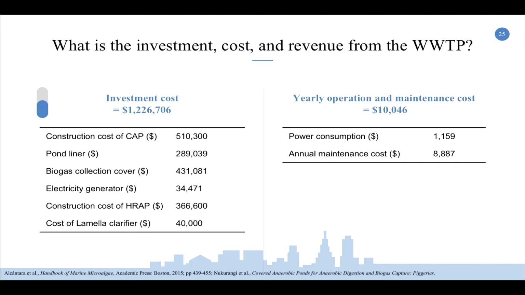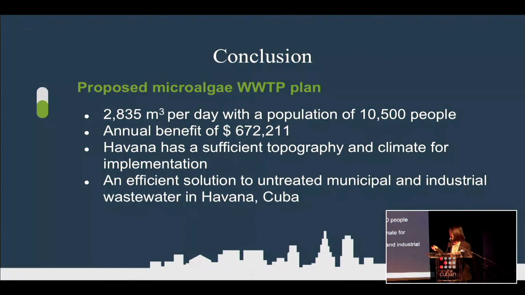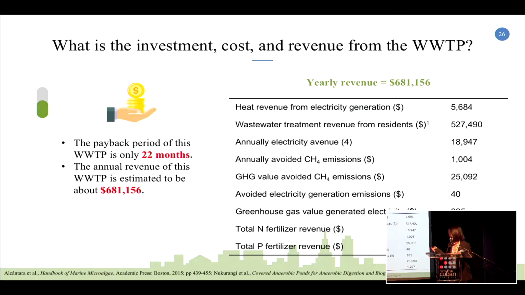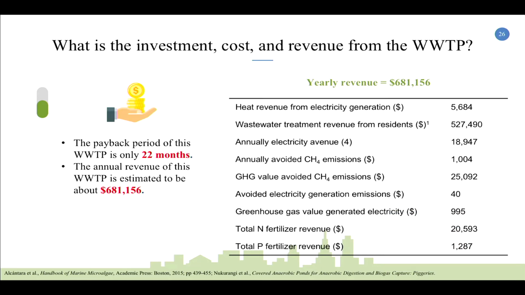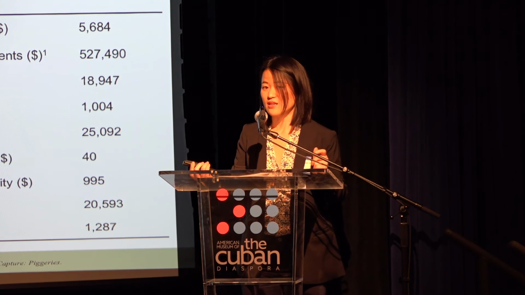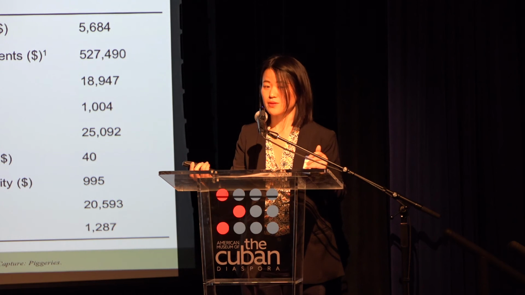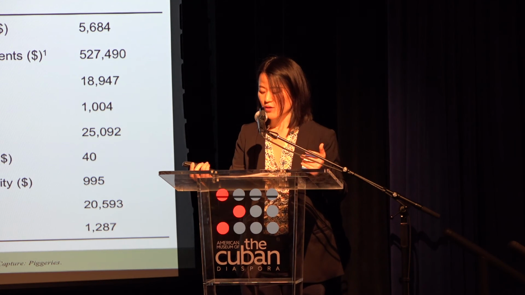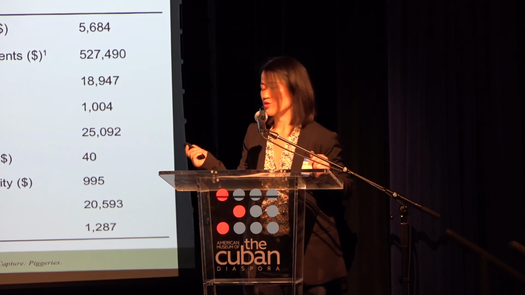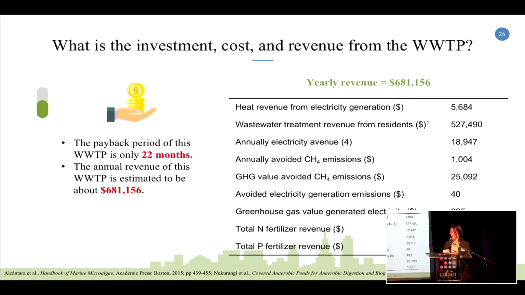And we also calculate the benefit, including the heat revenue and also the utility revenue from the local residents, and also the fertilizers coming from the biomass generated from this treatment plant, and the total revenue could reach 0.6 million per year.